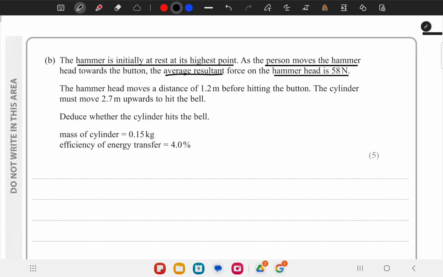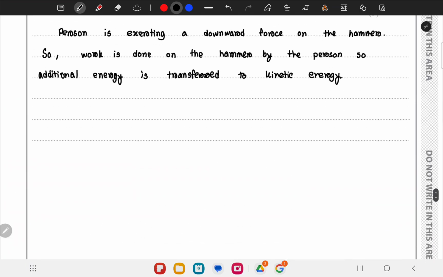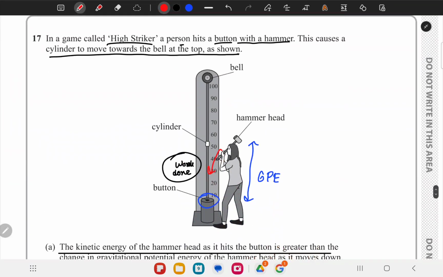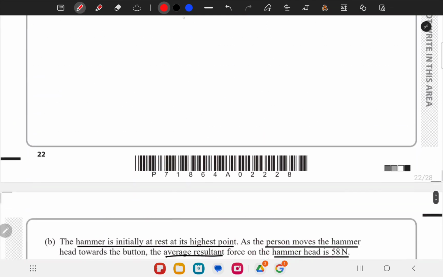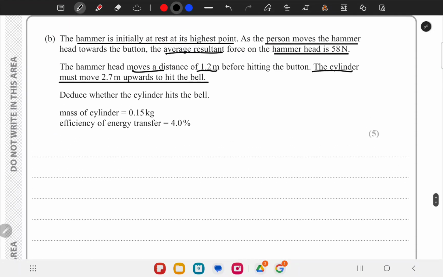We are told that the hammerhead moves down a distance of 1.2 meters before hitting the button, and that the cylinder must move 2.7 meters to hit the bell. The cylinder is this thing over here. The mass of the cylinder is given and the efficiency of energy transfer is given.